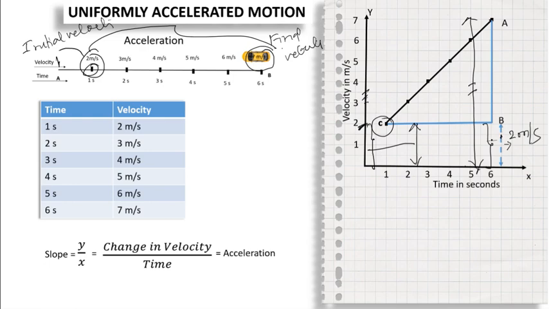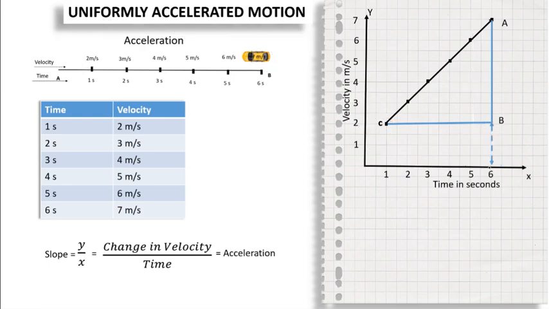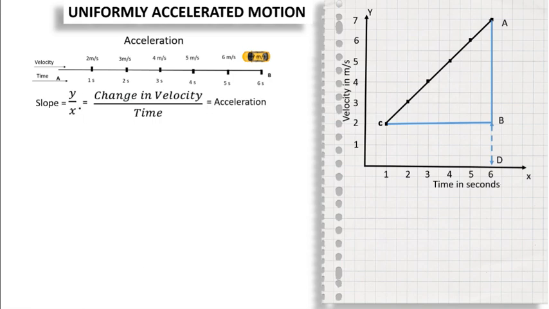Or let me bring this line here. So this is the extension here. I am bringing it. Okay, and let me give a letter D here. Right? So if this is the right angle triangle, I can write slope is equal to y by x, that is change in velocity by time, which is nothing but acceleration.